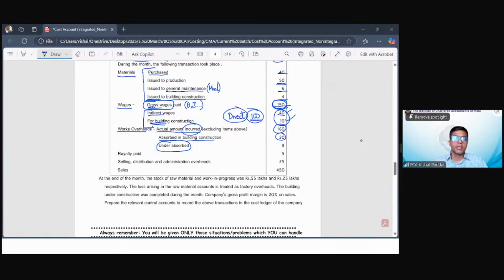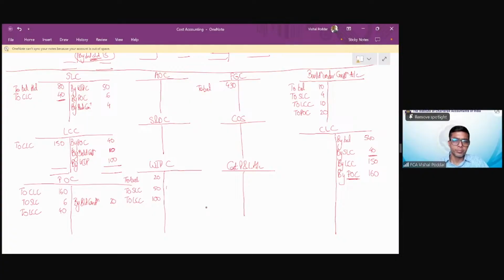So if you remember, I had explained at the start that whenever there is under or over absorption, you have to transfer it to your cost P and L. So from my overheads account, I will be transferring it to cost P and L. So it is by cost P and L, and to production overheads control.